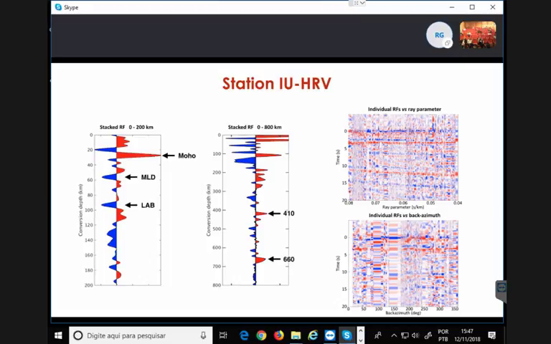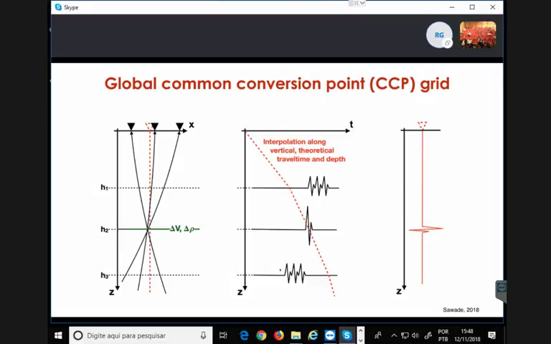And here you can see the individual receiver functions that contribute to these stacks, both as a function of ray parameter and as a function of back azimuth. But here you can see clearly, for example, for Massachusetts, the Moho, the mid-lithospheric discontinuity, the lithosphere-asthenosphere boundary. When you look from 0 to 800, you can see the 410 and the 660 discontinuities there. So that's a tool that exists right now.